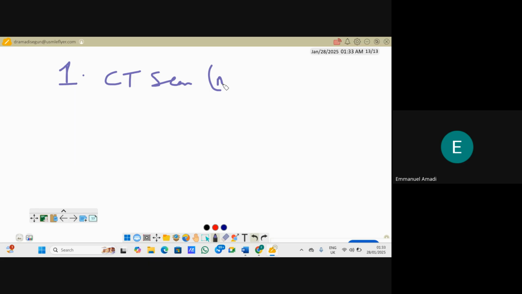Please differentiate this. Non-contrast, meaning you don't use contrast. The reason is because non-contrast will be able to pick if the person has a hemorrhagic stroke or not. So after we have done that initial assessment, the next thing we're doing is a non-contrast CT scan of the head.